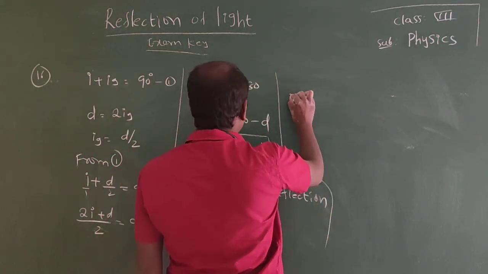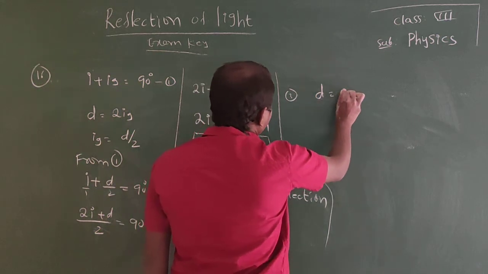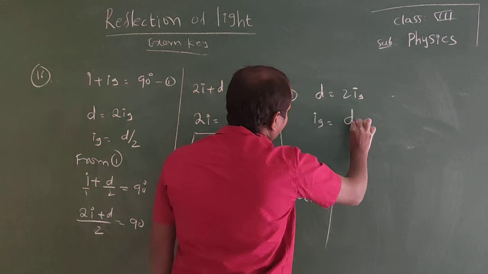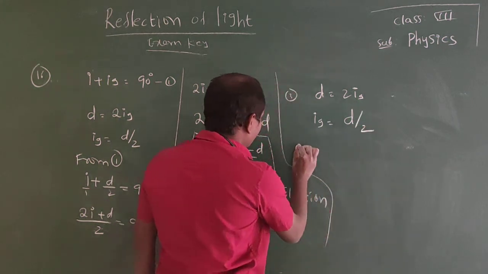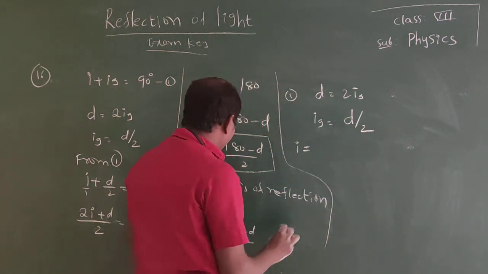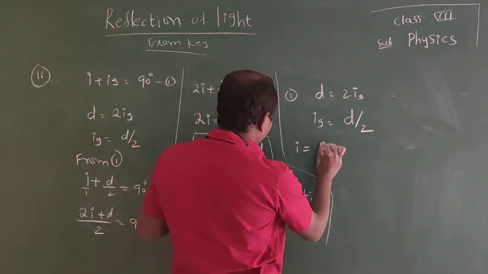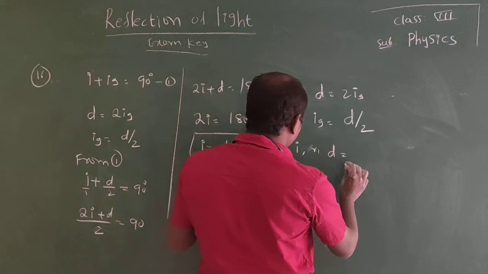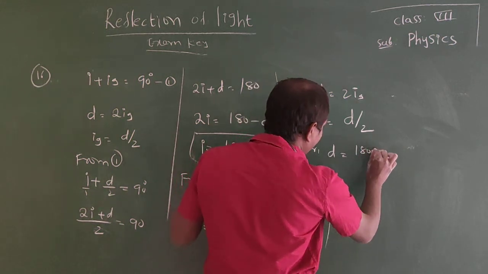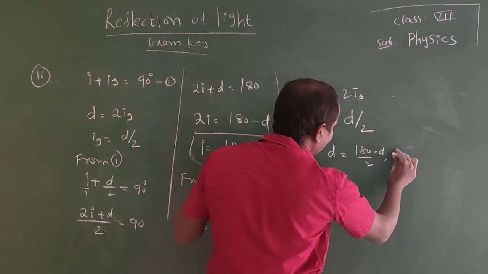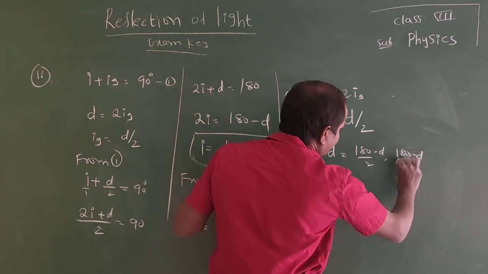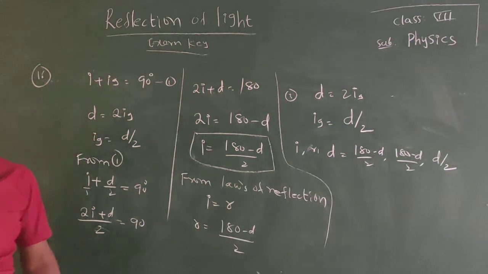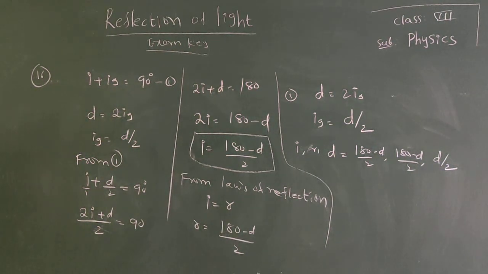Angle of deviation equal to 2iz, therefore Iz is equal to d by 2. So I, r and Iz are (180 minus d) by 2, (180 minus d) by 2, d by 2. It is the answer.